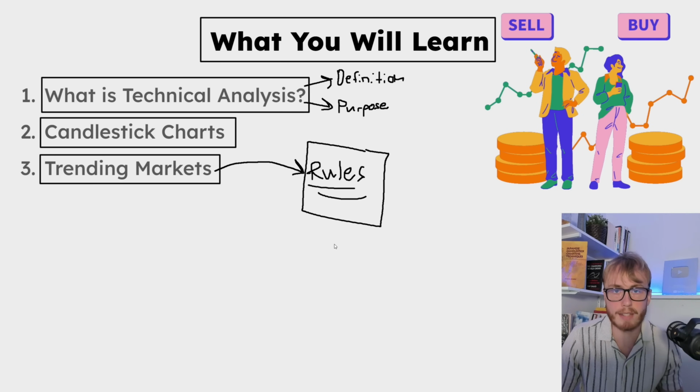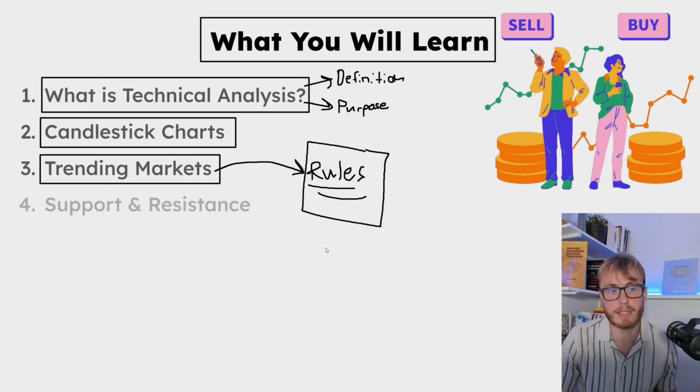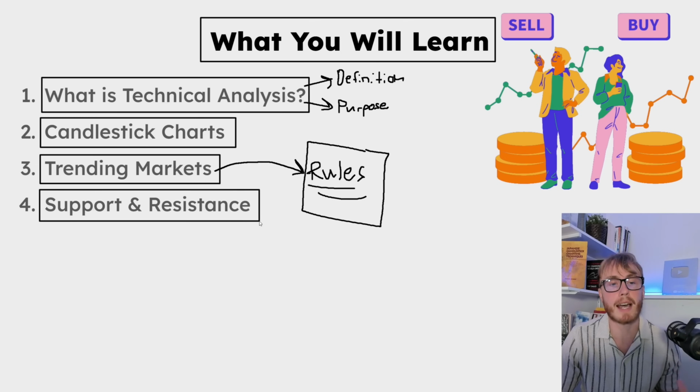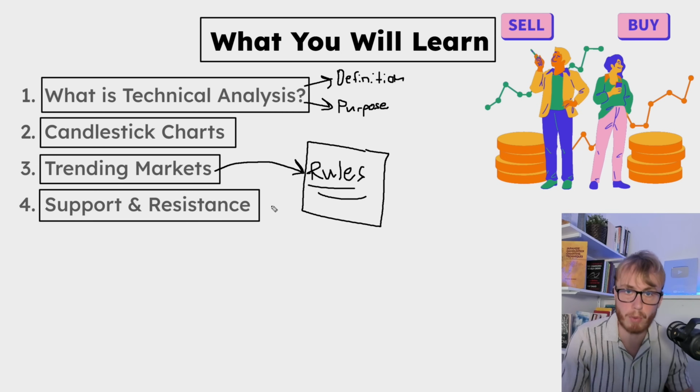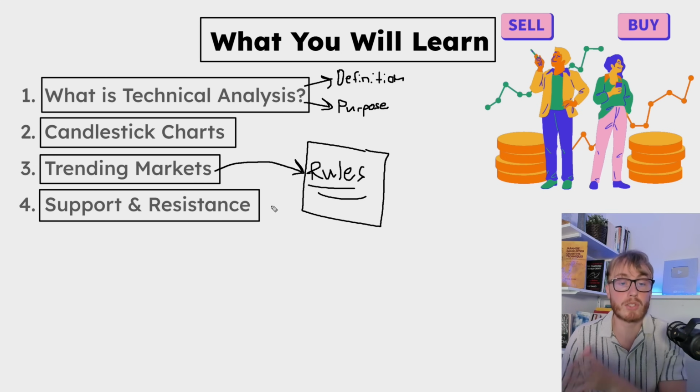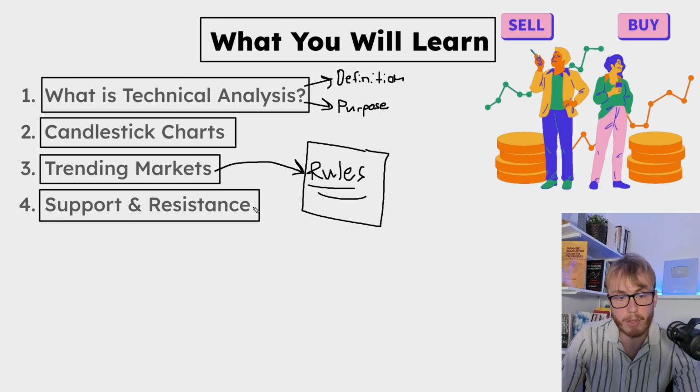After we have a solid understanding of candlestick charts and trending markets, it's time to take a look at one of the most important concepts in technical analysis, and that is support and resistance. And we will of course take a look at what support and resistance is and why it's useful, but even more importantly, we will also take a look at how we can use support and resistance together with trending markets.